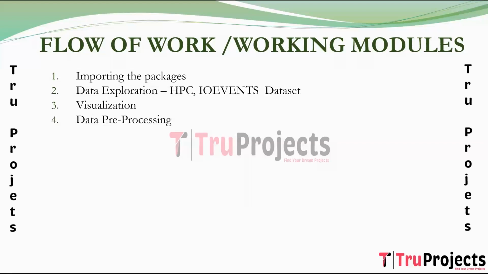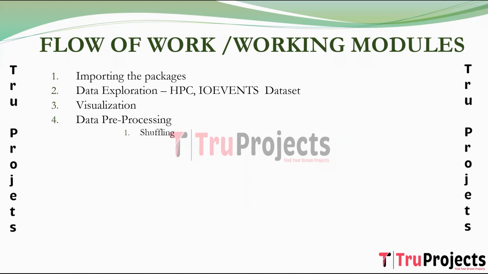Data pre-processing. This module involves preparing the dataset for model training. Common pre-processing steps include handling missing values, encoding categorical variables, and scaling or normalizing numerical features. Pre-processing ensures that the dataset is in a suitable format for input to the machine learning model. Here we have sub-steps. Shuffling. Shuffling the dataset is essential to randomize the order of the data instances.